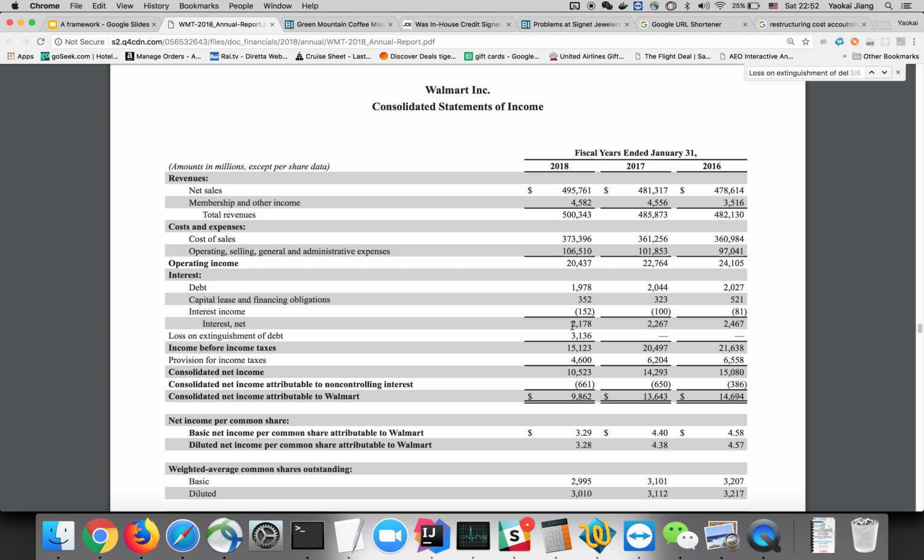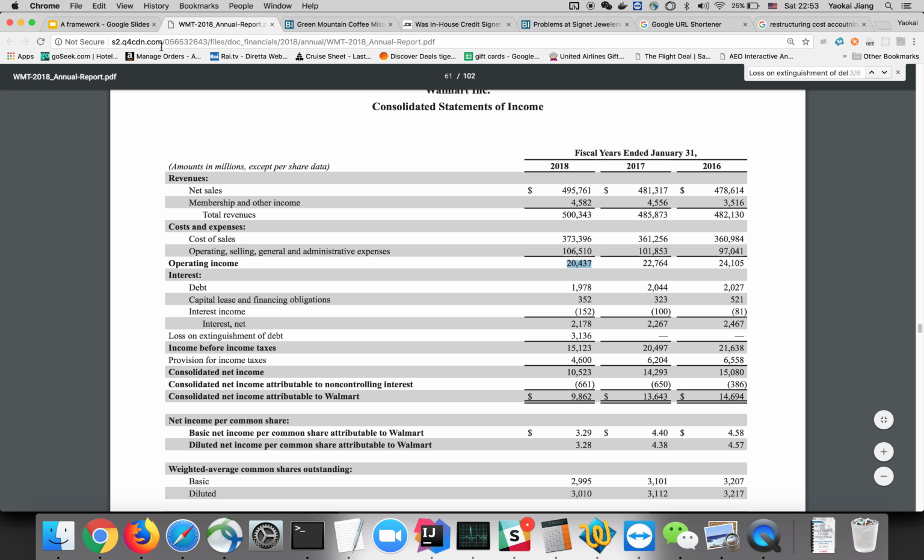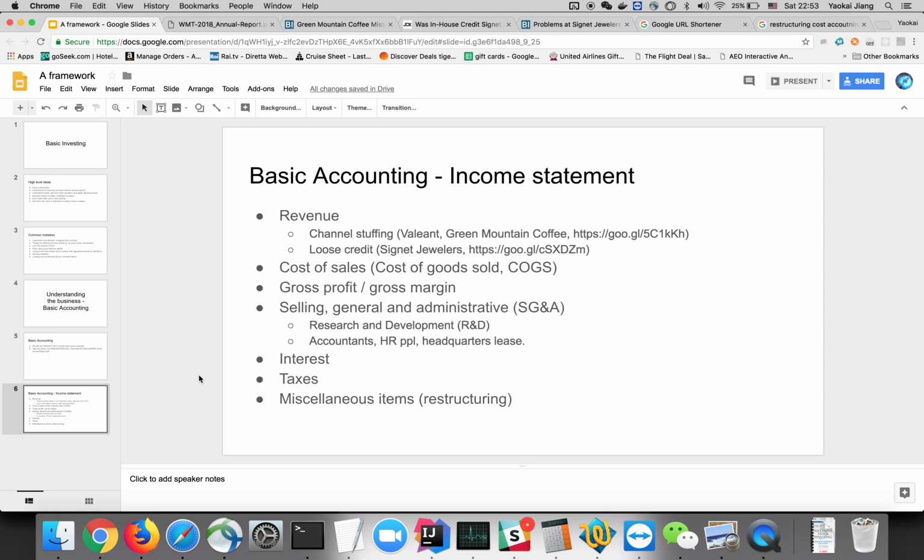Their total debt is $2 billion, and their operating income is 10x that. So there's no worry about them going bankrupt. But if those two lines are very similar, then you potentially have to worry. But that obviously has to depend on how much cash the company has. So yeah, that is mostly it for the income statement.